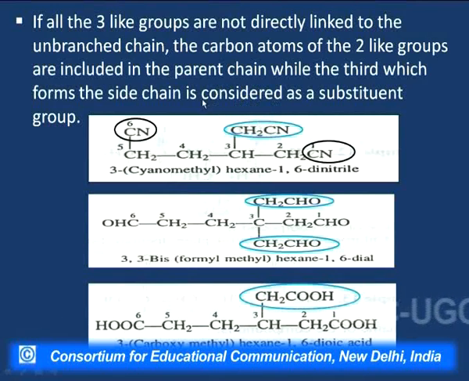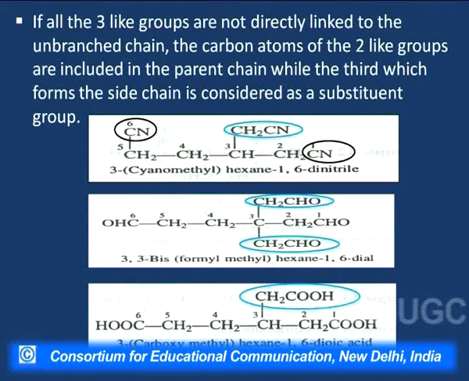So we've included the 2 cyano groups in the main parent chain. So the main parent chain will have 6 carbon atoms and it is hexane 1,6-dinitrile, and this group is taken as the substituent group which is added as a prefix like 3-cyanomethyl group.